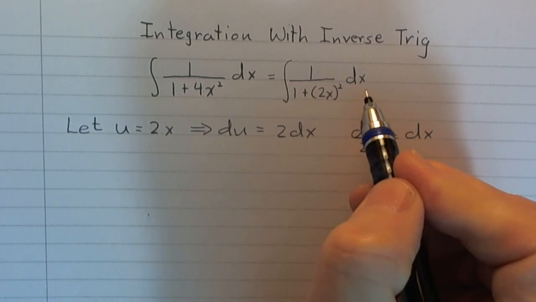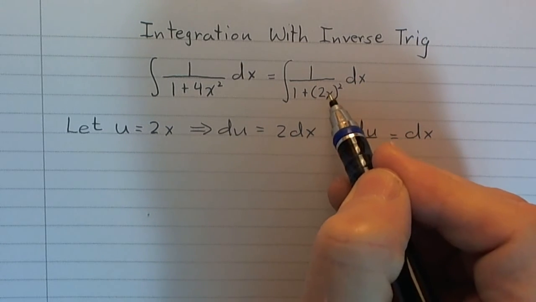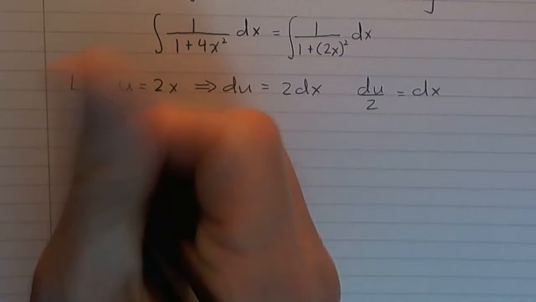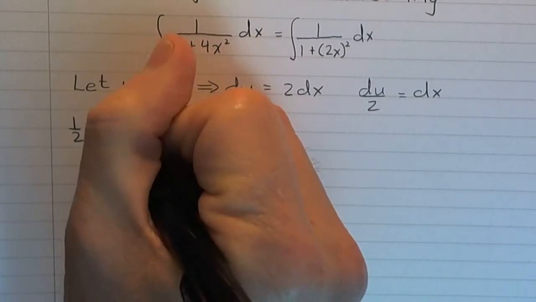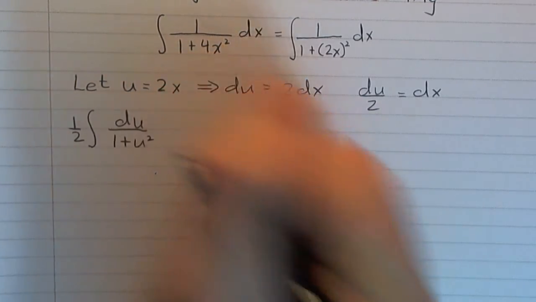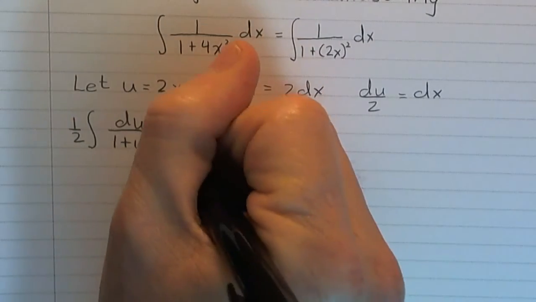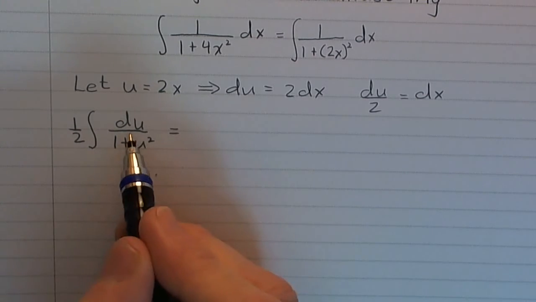So what I can do now is replace dx with 1/2 du, and 2x with u, and here's what we've got now. We've got 1/2 du over 1 plus u squared. And that's pretty obvious that now this is arctangent, right? The derivative of arctangent.